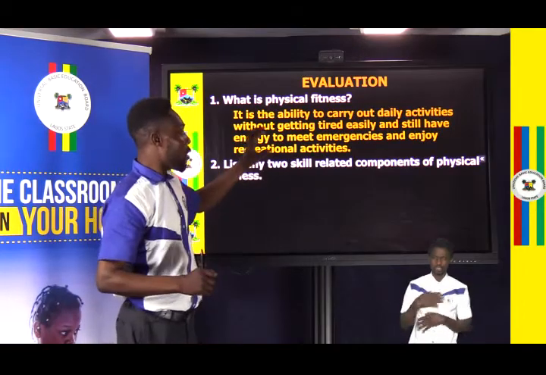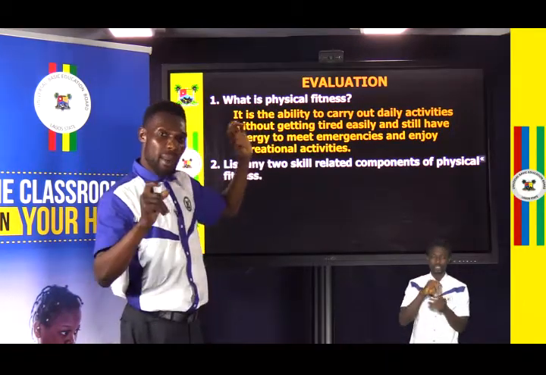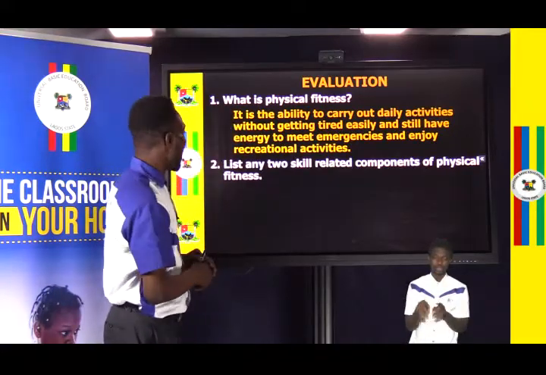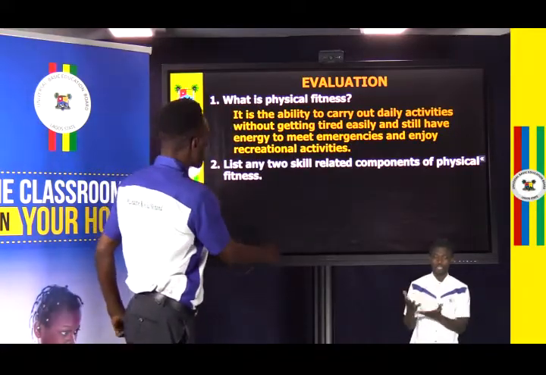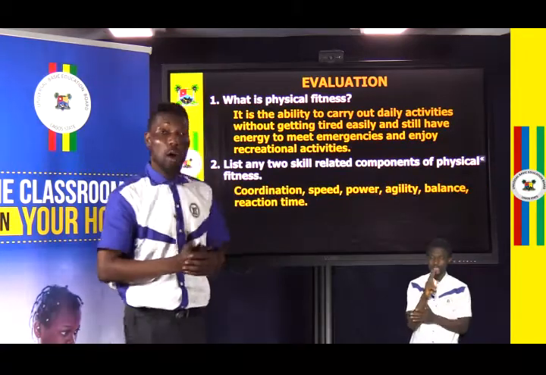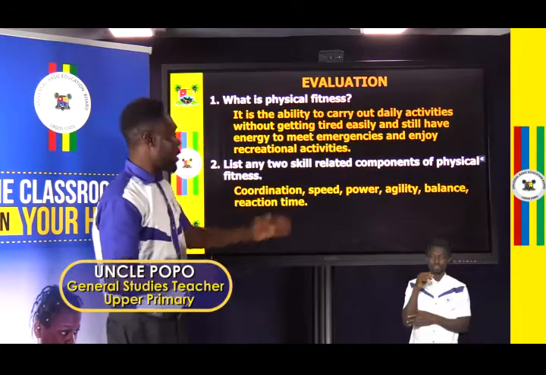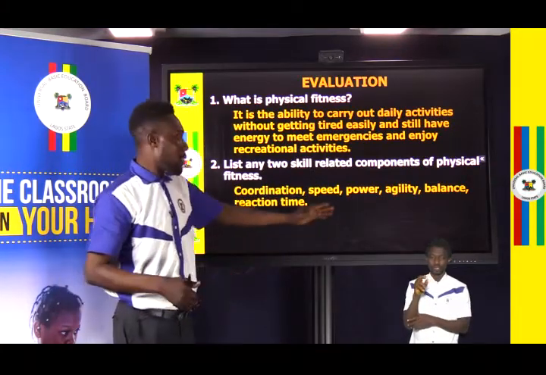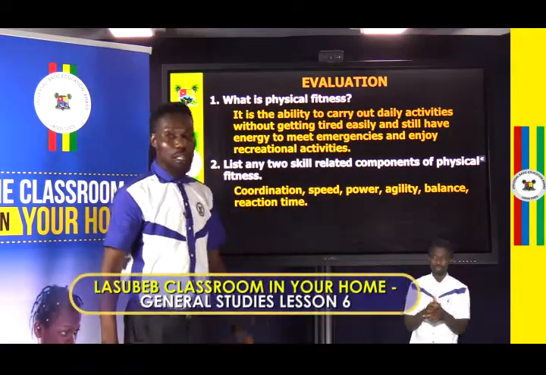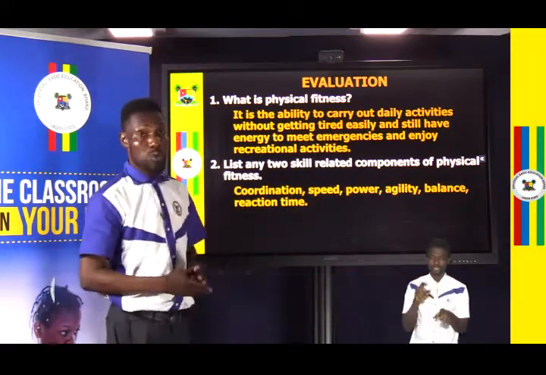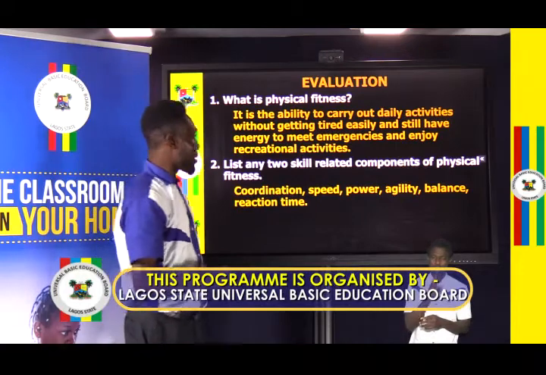You can write it in your own way, but the meaning still has to be the same with what we have written. Number 2, list any 2 skill-related components of physical fitness. We talked about that. Coordination, speed, power, agility, balance, reaction time. So any of the 2, you are very correct.